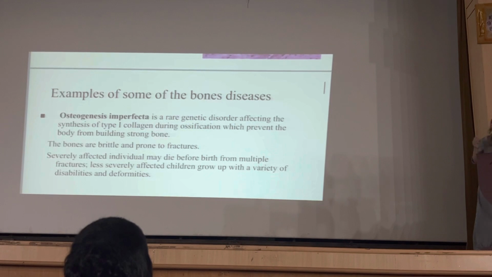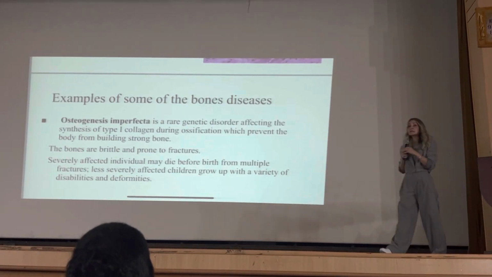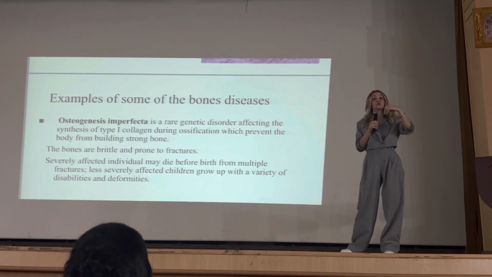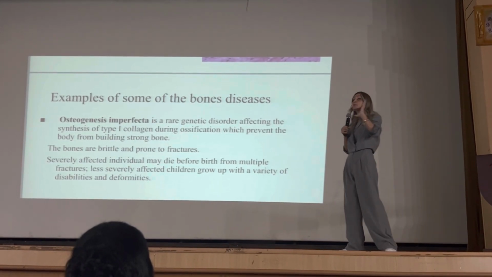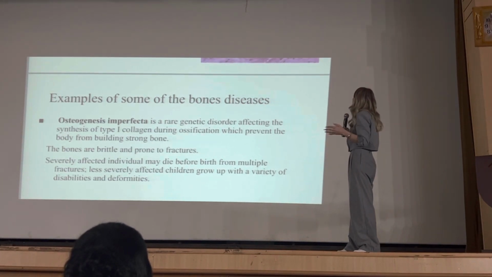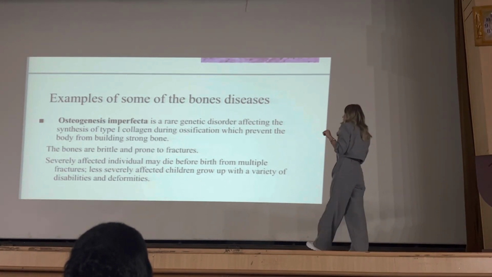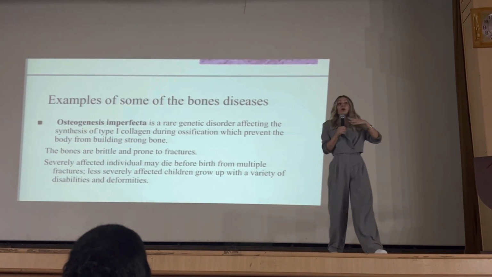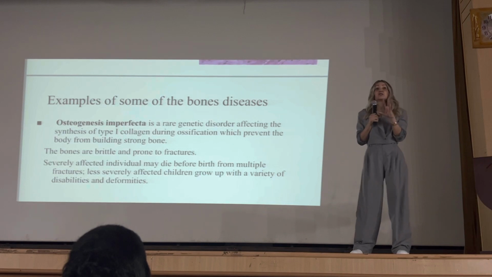The first example is osteogenesis imperfecta. Osteogenesis means the process of bone formation, ossification, and imperfecta means imperfect. It's a rare genetic disorder affecting synthesis of type 1 collagen. You know we have a lot of collagen types.